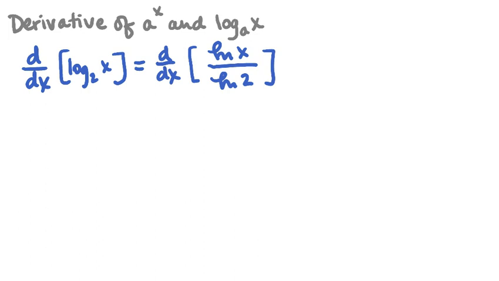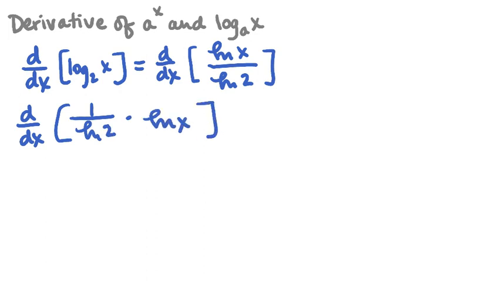But log of 2 is just a number. So really what this is, is the derivative of 1 over the natural log 2, which is just some other number, multiplied by log x. And I know that I can take the derivative of a constant multiple times a function by just taking the constant multiple times the derivative of the function. So this is 1 over log 2 multiplied by 1 over x.